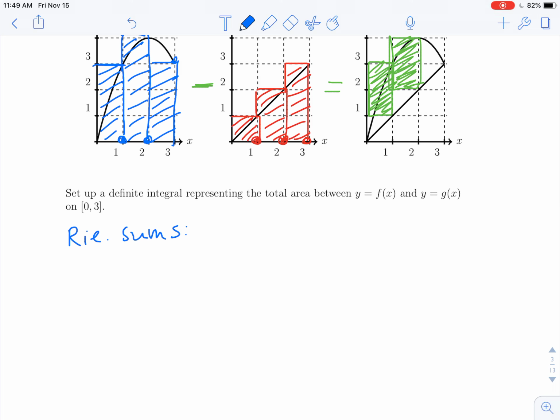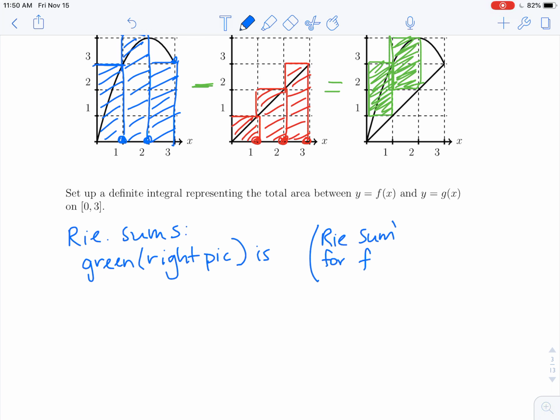The green picture, the rightmost picture, is a visualization of a Riemann sum for f minus a Riemann sum for g.